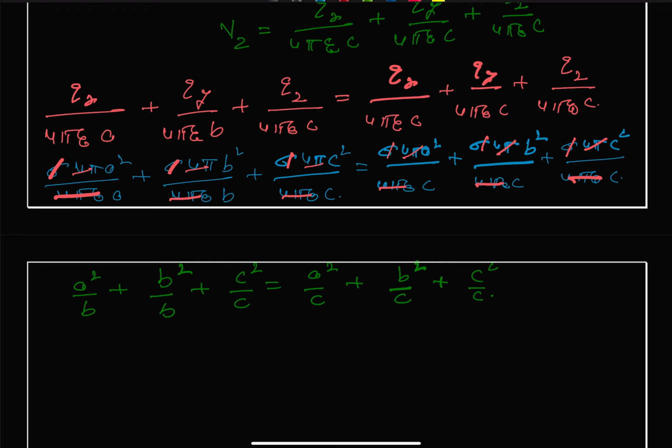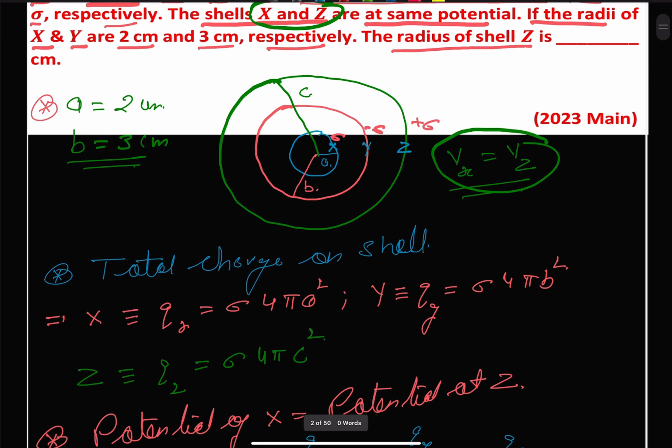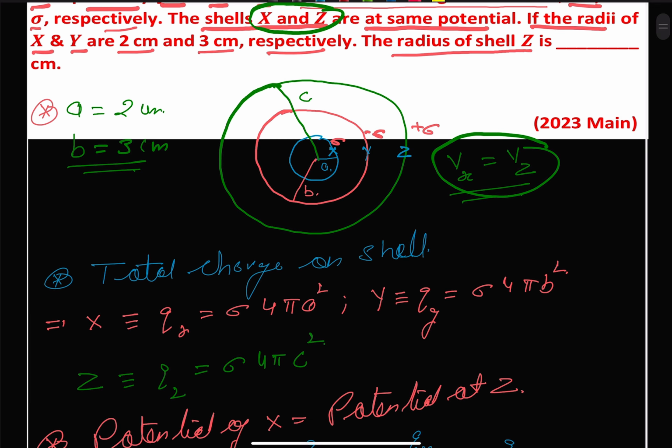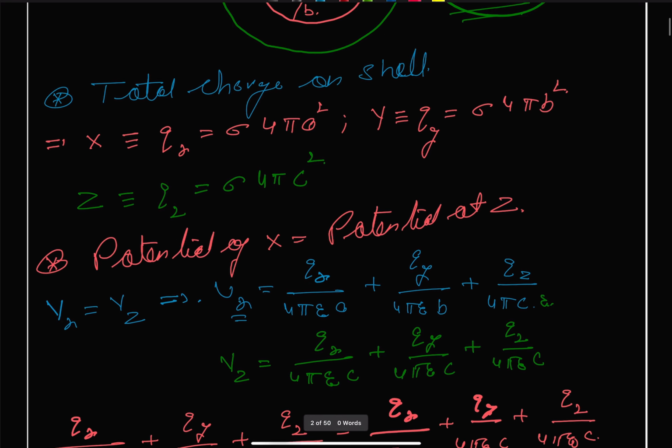Sorry, I missed one important part, that is B is having a charge density of minus sigma. So where is B?